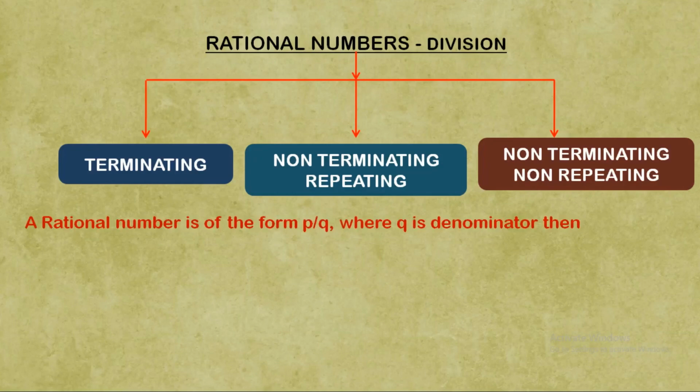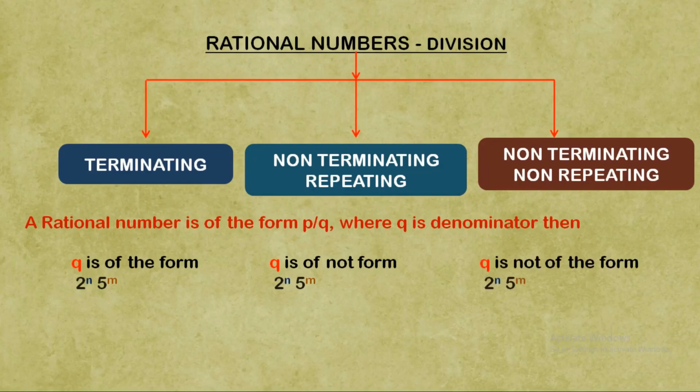And a rational number is in the form of p by q, where q denotes the denominator, then q is of the form, according to theorems 1.3 and 1.4, 2 power n into 5 power m. And the non-terminating repeating is not of that form, according to theorem 1.5.